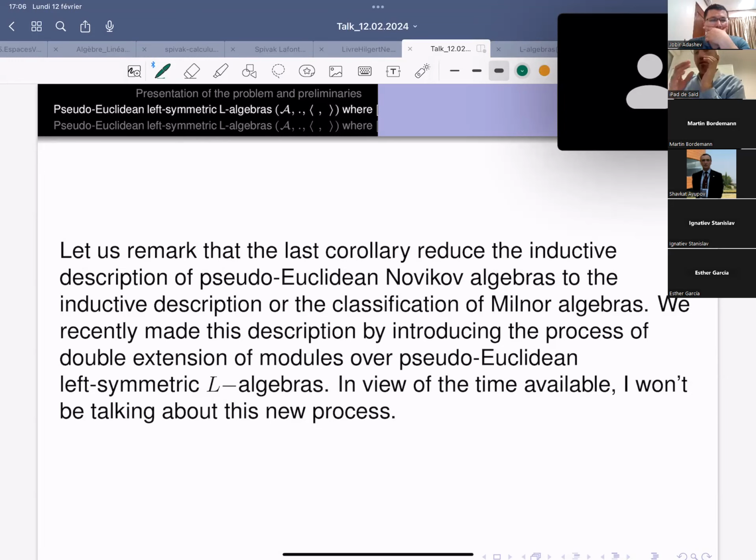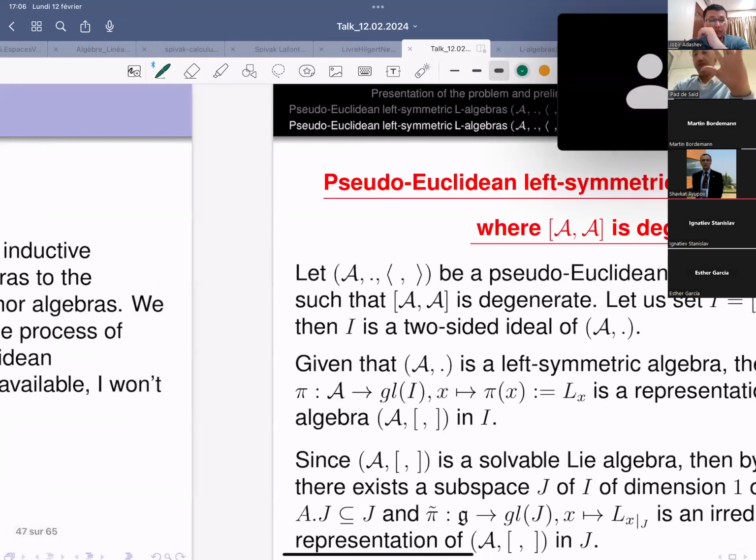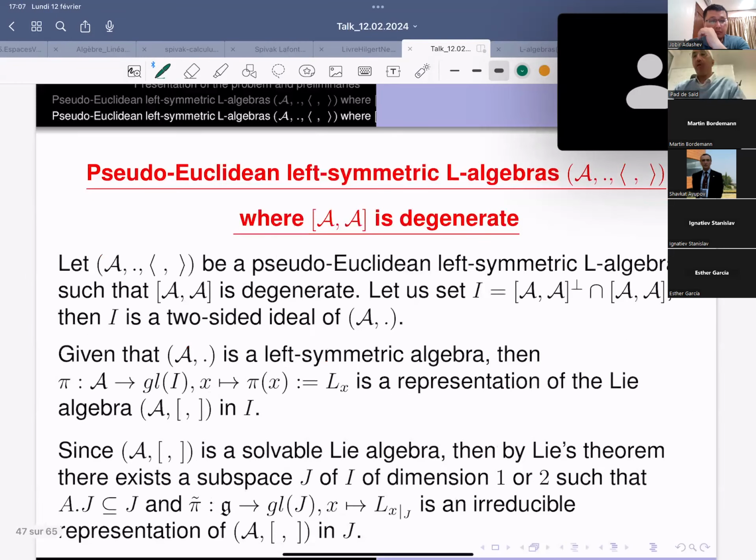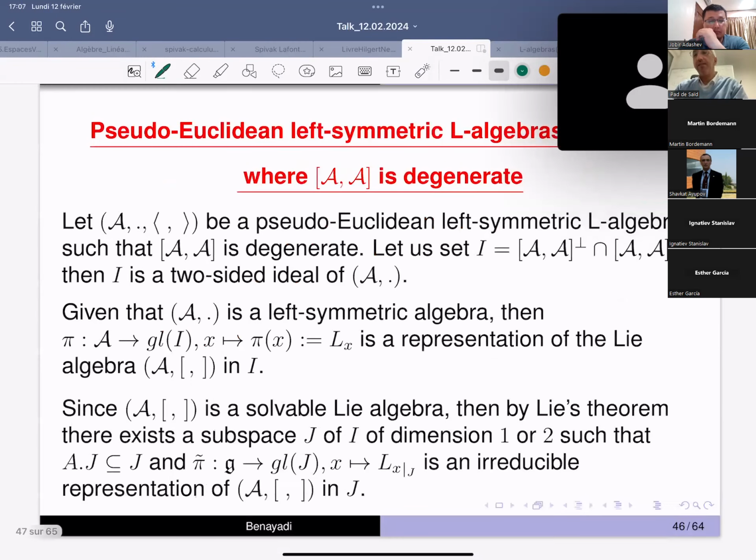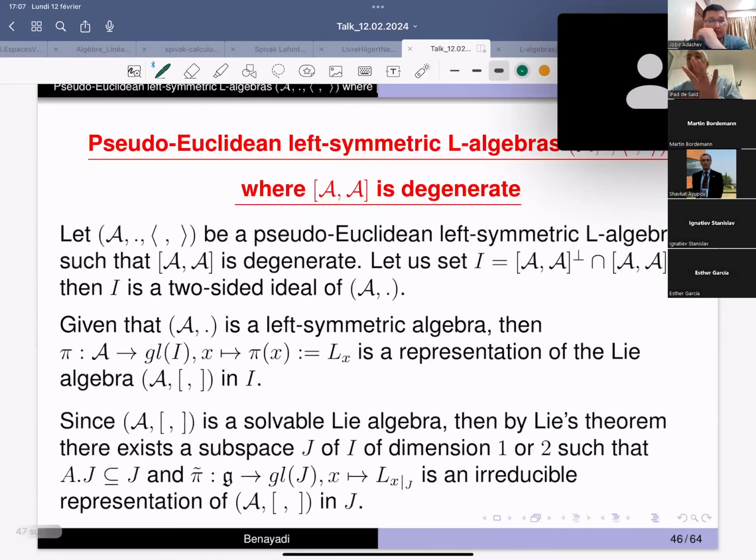But we can describe this class by double extension of module. It's a new double extension, but I don't have time to explain this. But just in the case when we have a degenerate, this case is very interesting.